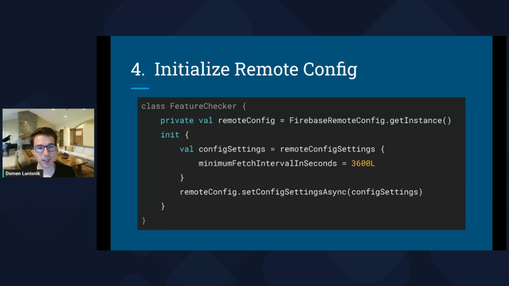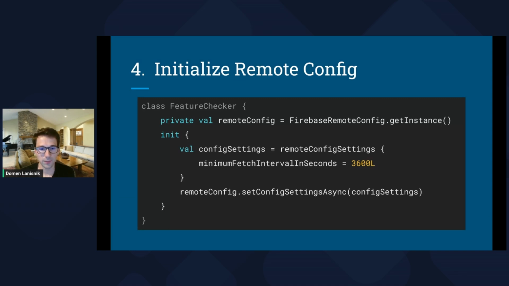So I would recommend creating a class that wraps the whole feature flag checking into a single class that you can then inject throughout the app. So here we've created a class called feature checker, and what it does is it retrieves the singleton Firebase Remote Config instance. It sets up the minimum fetch interval, and it sets up the settings.